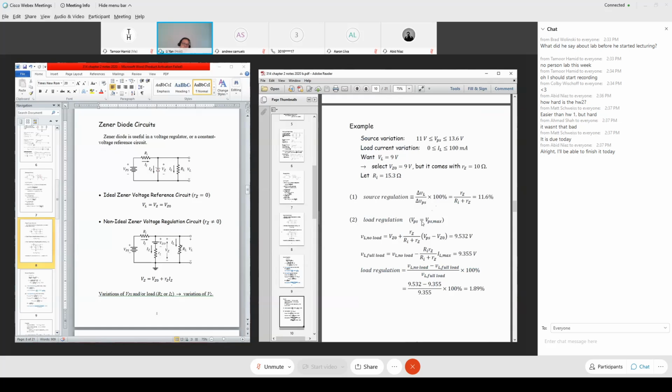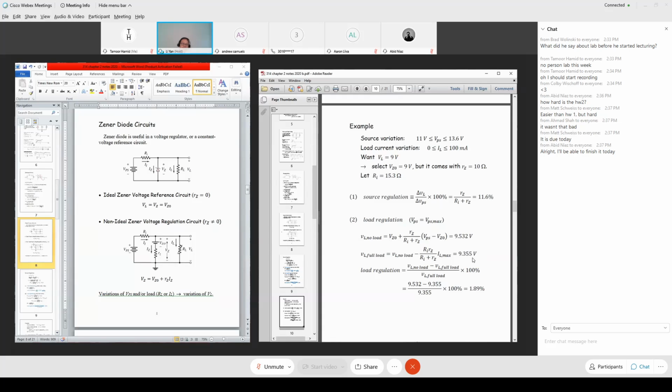How about the load current at the full maximum of 100 milliamps? We evaluate the load voltage by the second formula. We already calculated this quantity as 9.532 volts, and based on the load current of 100 milliamps, the voltage is reduced by a small amount to 9.355 volts.